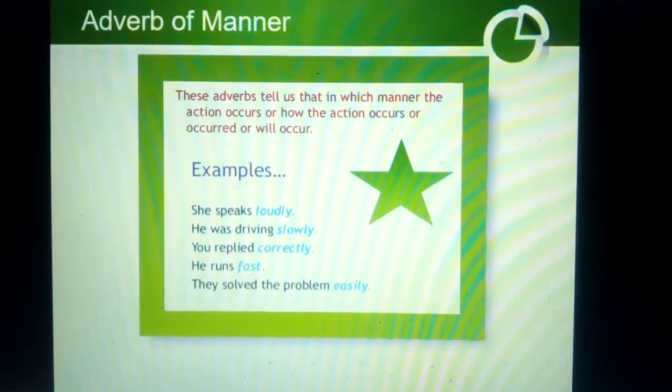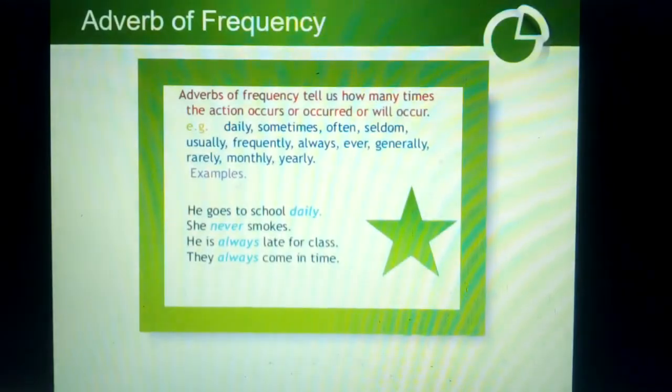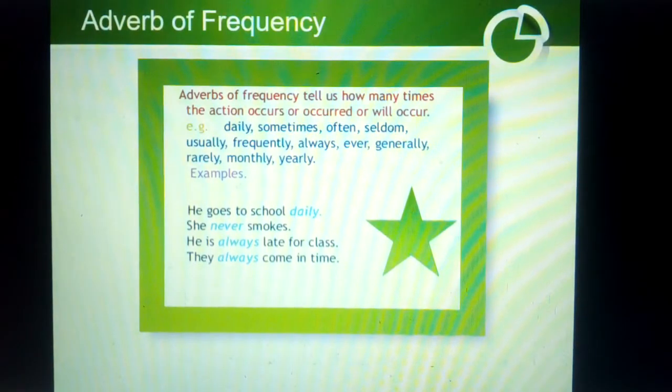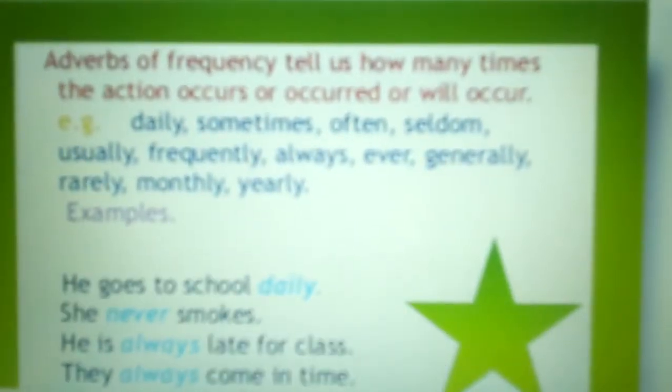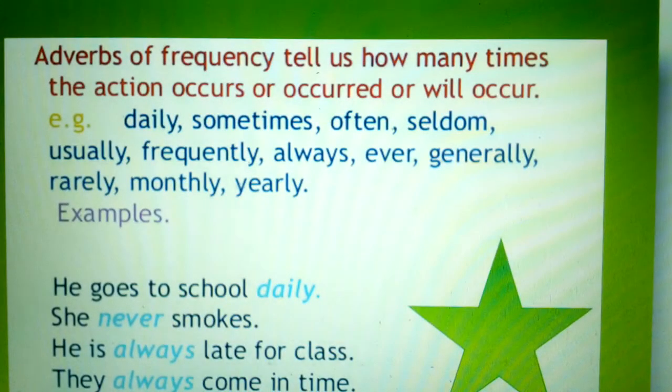Now the next type. Adverb of frequency. Adverbs of frequency tell us how many times the action occurs or occurred or will occur. For example, daily, sometimes, often, seldom, usually, frequently, always, ever, generally, rarely, monthly, yearly.